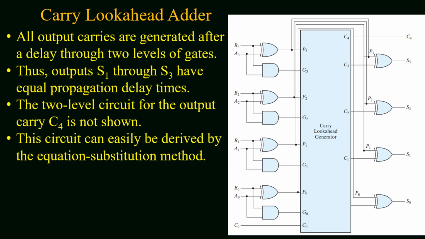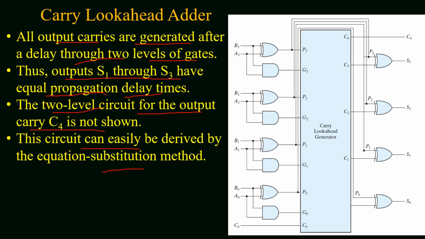Now all the output carries are generated after a delay through two levels of gates. Thus, the outputs S1 through S3 have equal propagation delay times. In the given scheme, the two-level circuit for the output carry C4 is not shown. This circuit can be easily derived by the equation substitution method.